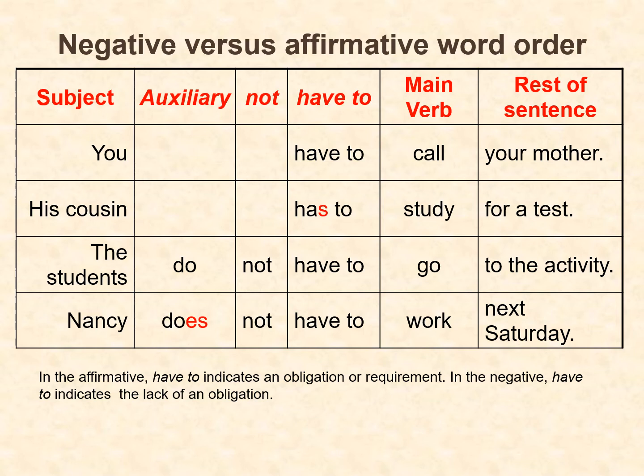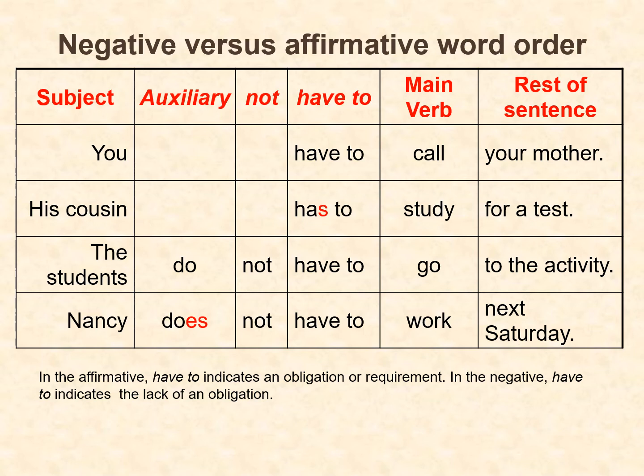Another example, Nancy does not have to work next Saturday. Right? Notice that when we put the es on does, we do not use it again on have. So if you have does, then you have to use have to after that. Okay.